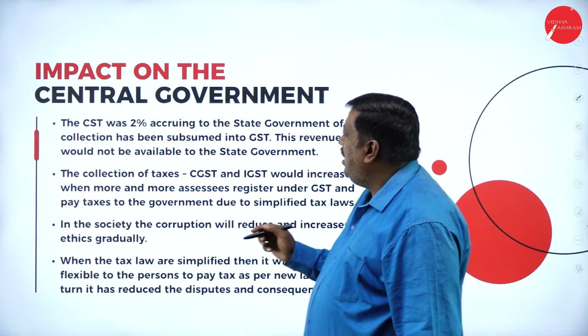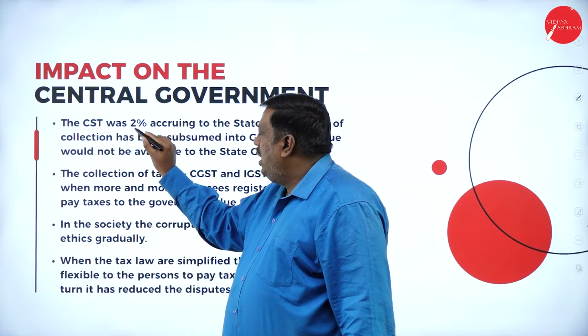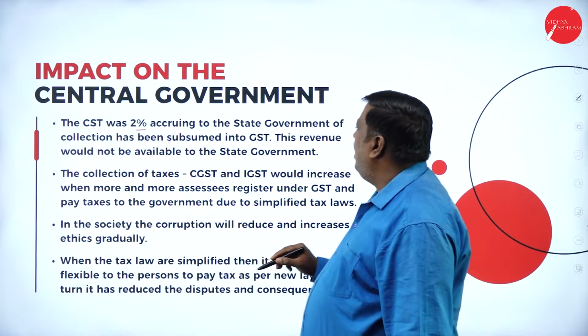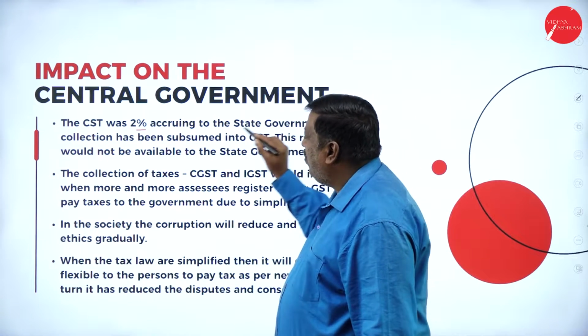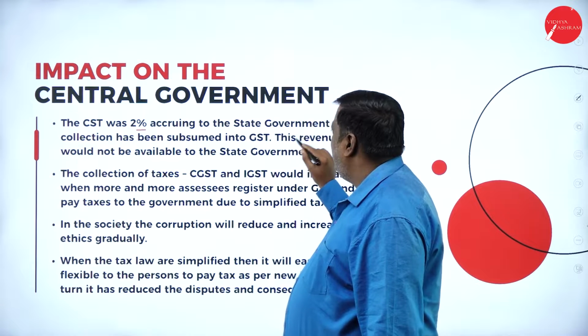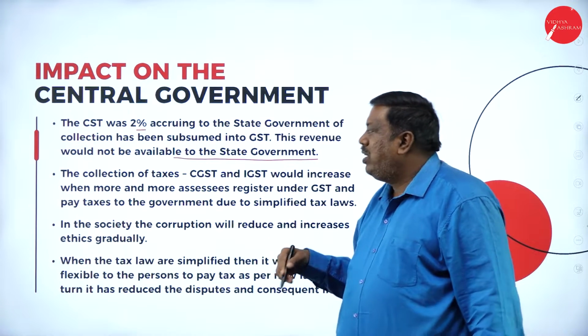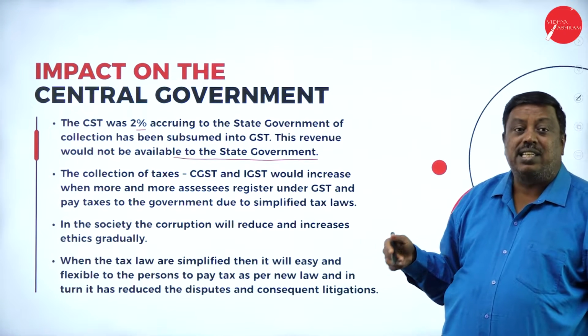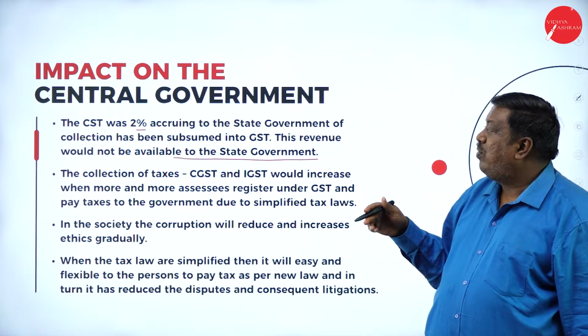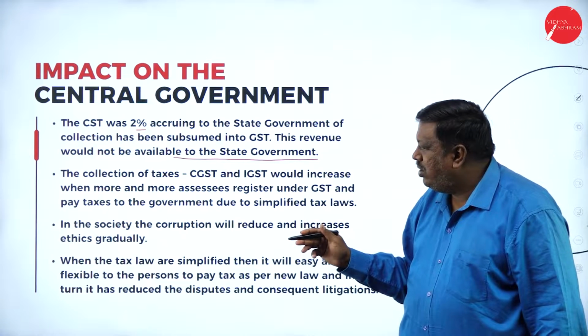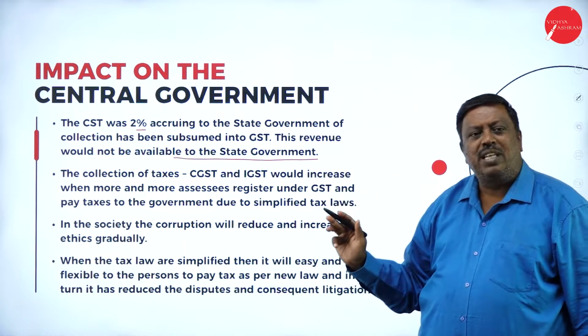Next, what is the impact on the central government? Earlier, it was collecting 2%, and according to the state government, the collection has been brought into GST, so this revenue would not be available to the state government. Whatever CST, central sales tax of 2%, they were collecting, that benefit was given. Now they're merged and made into normal GST only.